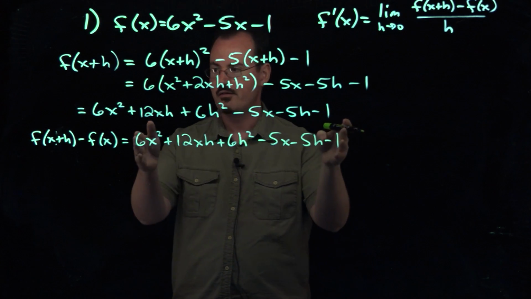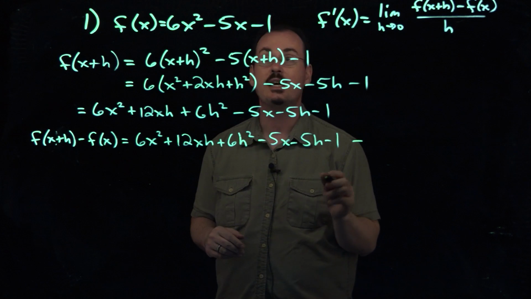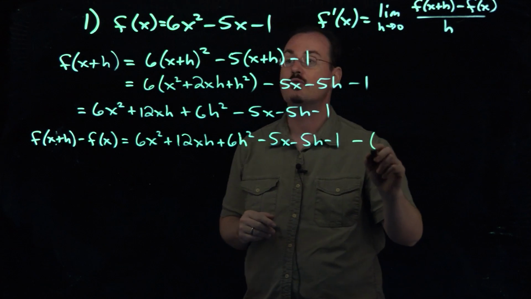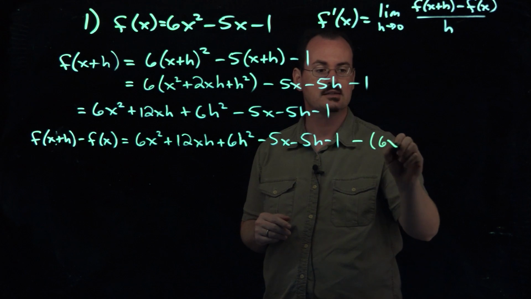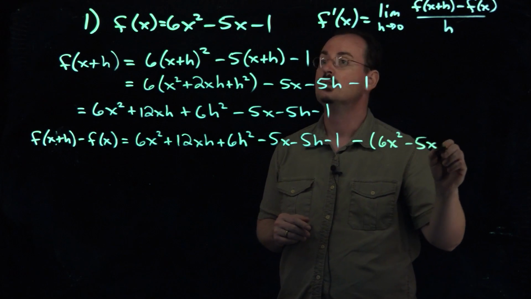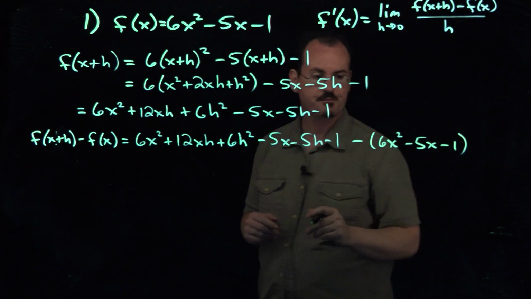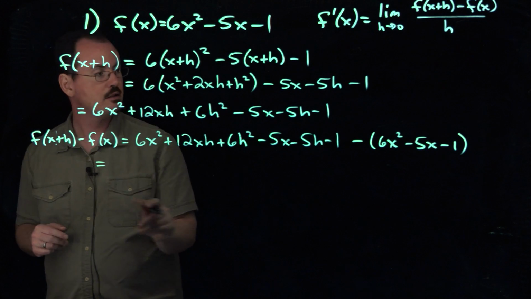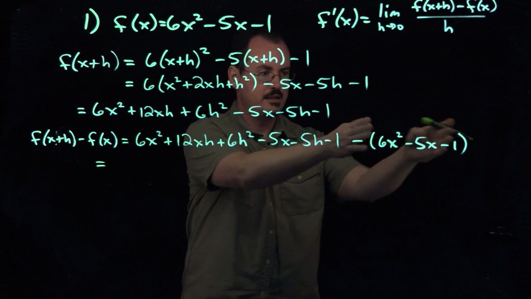So that is all f of x plus h. Now minus f of x. Remember, we're subtracting the whole function, so we have to put the thing in parentheses. So we're going to get 6x squared minus 5x minus 1. And let's simplify that: all of this minus the whole thing there.